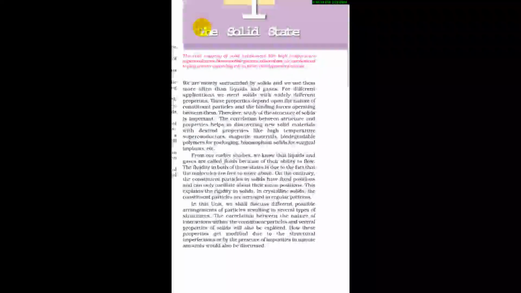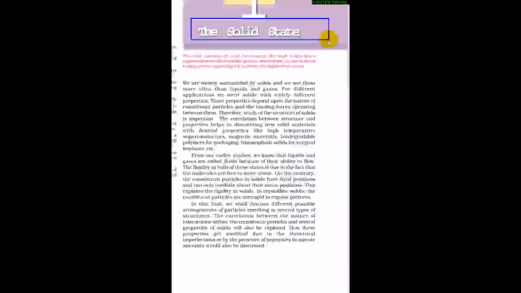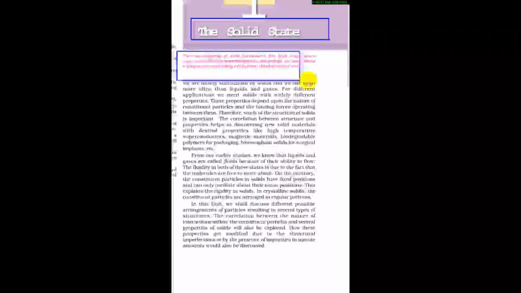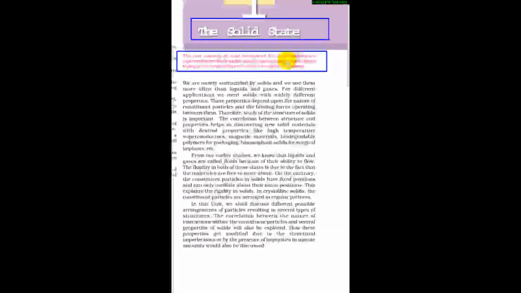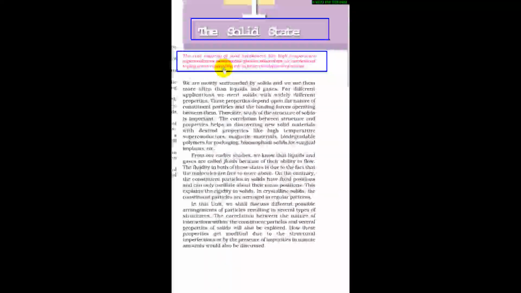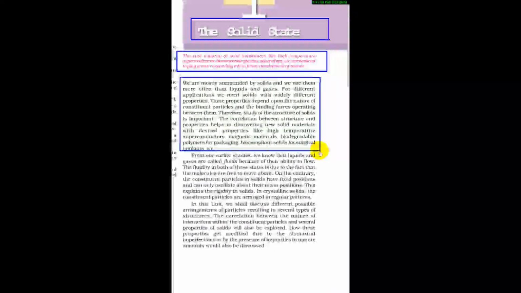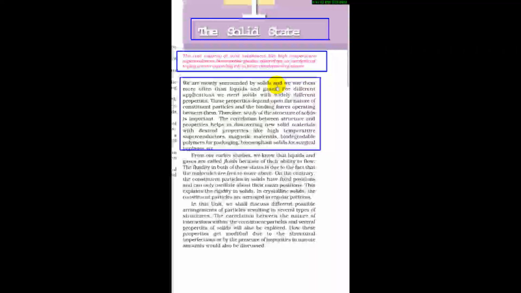So we came here, we will talk about the solid state. The vast majority of solid substances like high temperature superconductors, biocompatible plastics, silicon chips, etc. are destined to play an ever expanding role in future developments of science. We are mostly surrounded by solids, and we use them more often than liquids and gases.